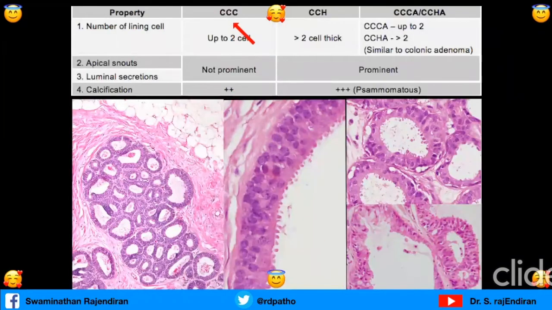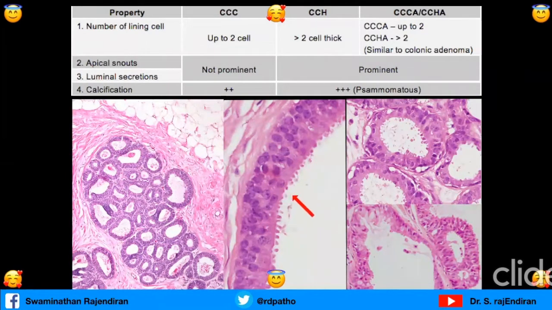So what will you see here? In columnar cell change, I told you normally it is only up to 2 cells. When you see more than 2 cells, it is hyperplasia. And here the cells look more columnar. Usually the epithelial cells are cuboidal, whereas when you see tall columnar cells, you call it columnar cell change.